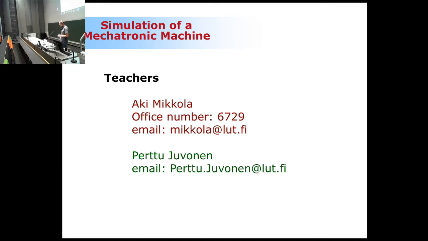You may also send me an email, and my email address is simply Mikkola@lut.fi. If you want to make sure that I'm available, it is a good idea to first send me an email and set the meeting that way, or you can just stop by and see if I'm available. Perttu is only available via emails, and of course, he's available in guided tutorials.